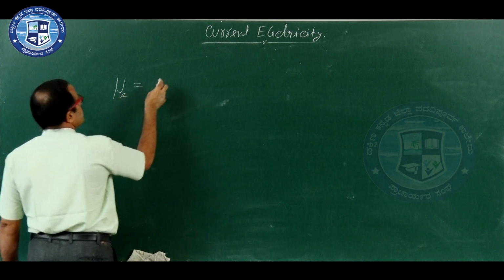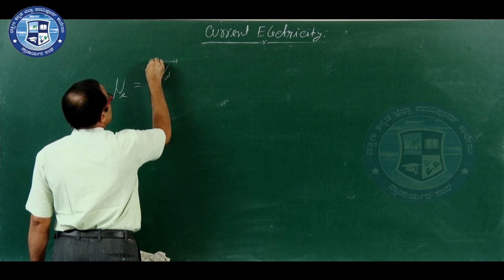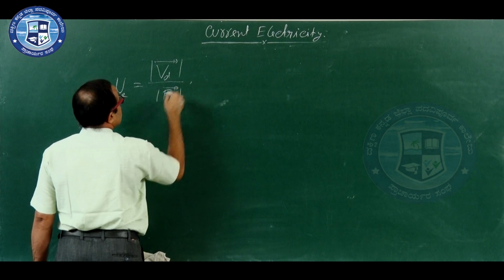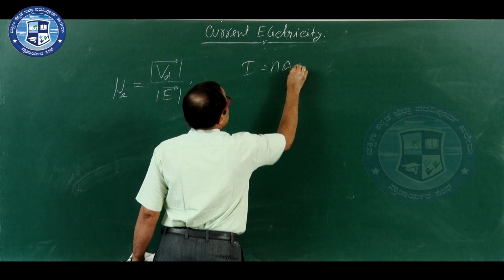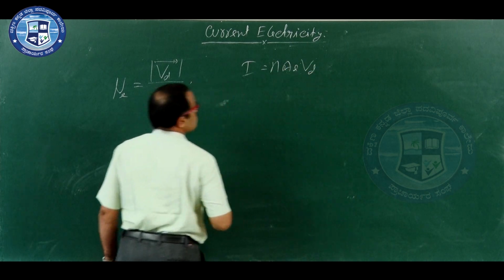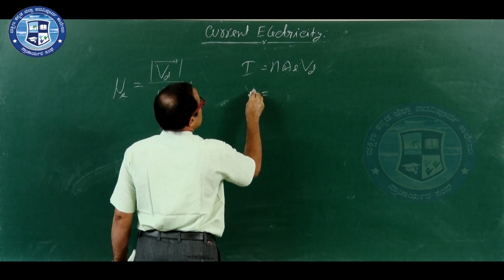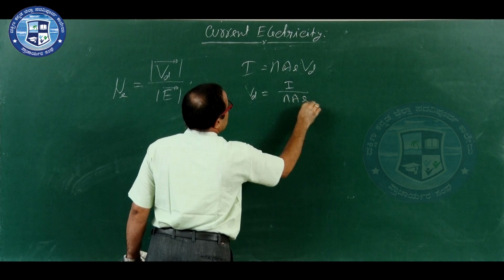Now, free electron mobility mu, or even you can write mu E, no problem. Free electron mobility is equal to drift speed divided by mod E. Now, we know current I is equal to NAE into Vd, or what is Vd? The drift speed is equal to I divided by NAE.